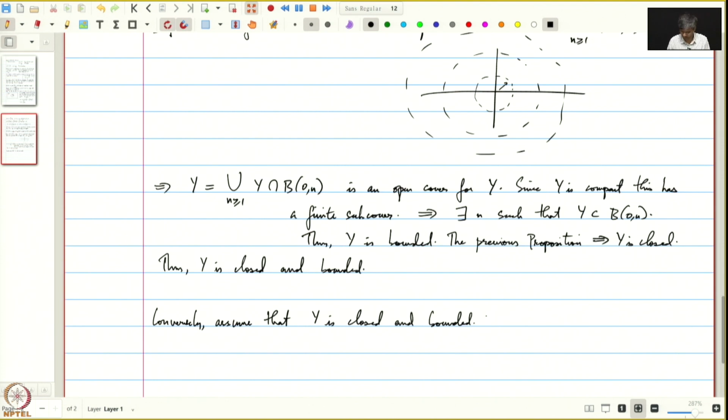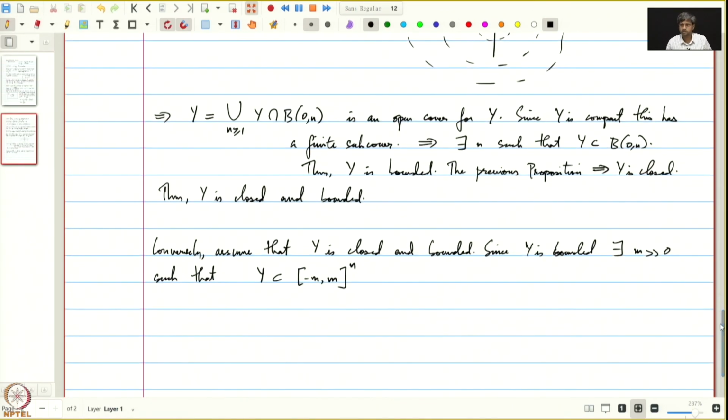Since y is bounded, we can find an M, very large, such that y is contained in this product of these intervals, right?